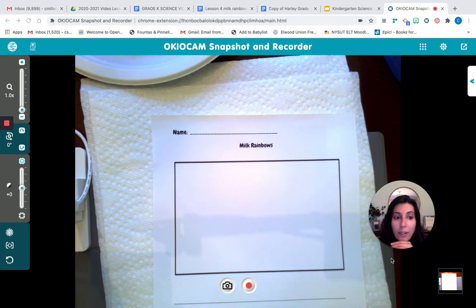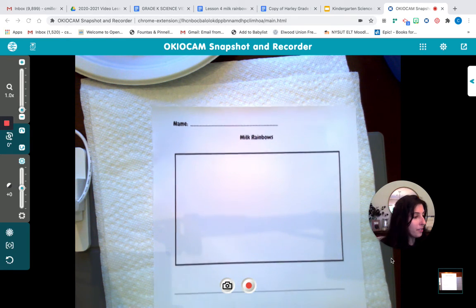Well, it's time for us to do that. So far, we've used our eyes to observe. We've used our mind to wonder and make predictions. Right? We've used our mouths to share what we're learning with others. And now we're ready to use our hands to share more about what we're learning with others.